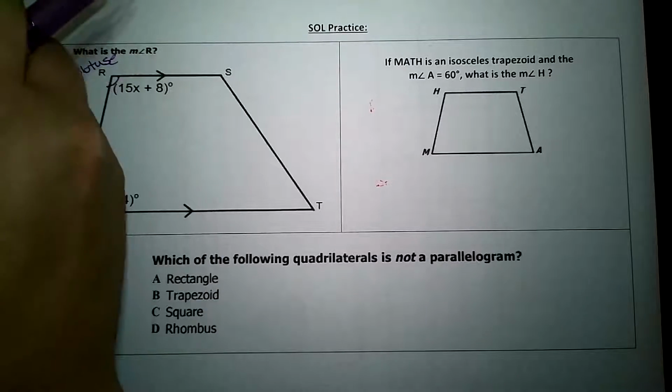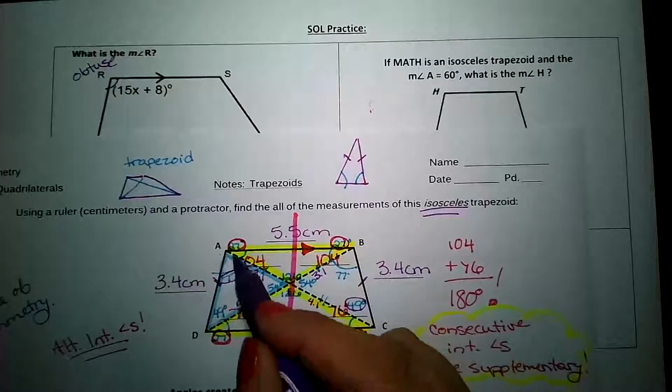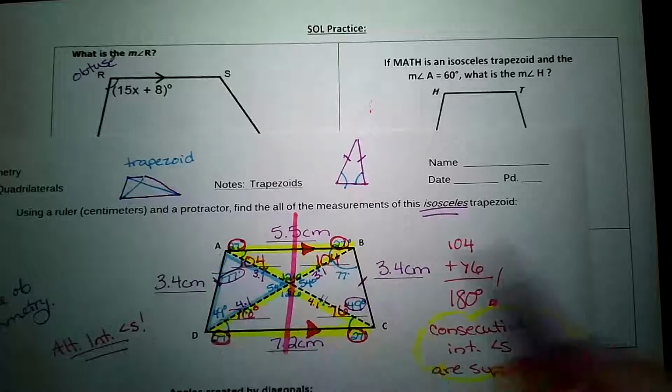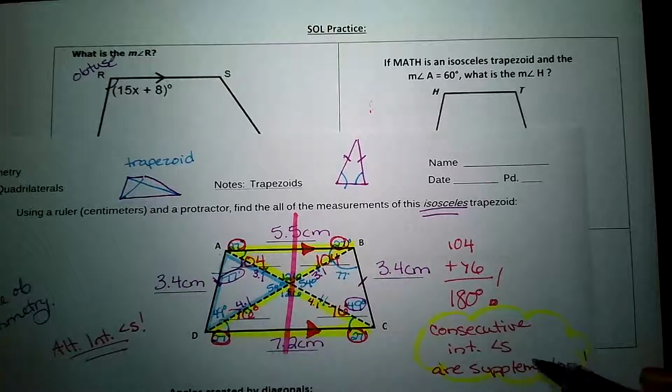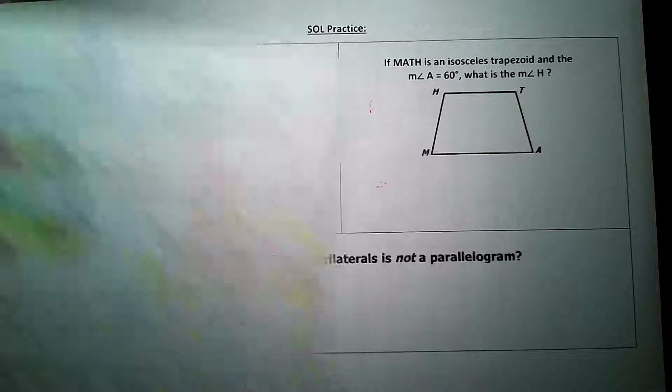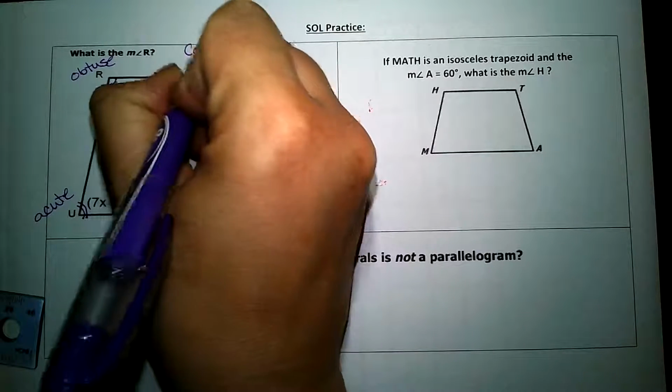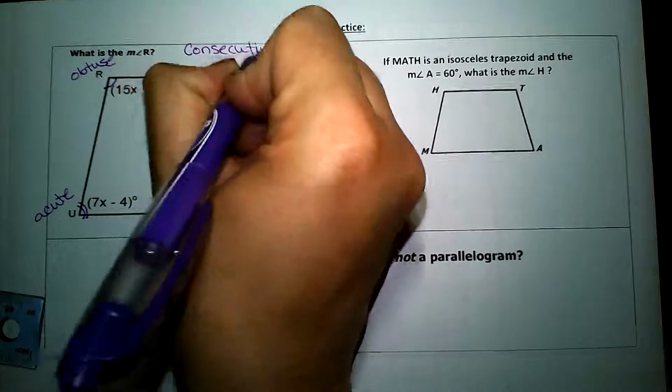Let's go back and look at our notes. Check out where they are. Upper obtuse, lower acute, boom. Consecutive interior angles. We've got our parallel lines, and these are consecutive interiors.